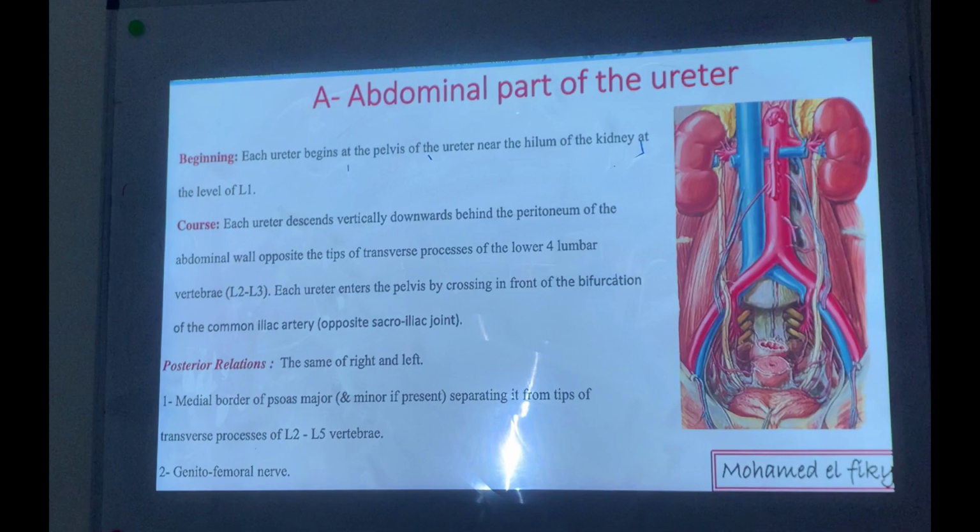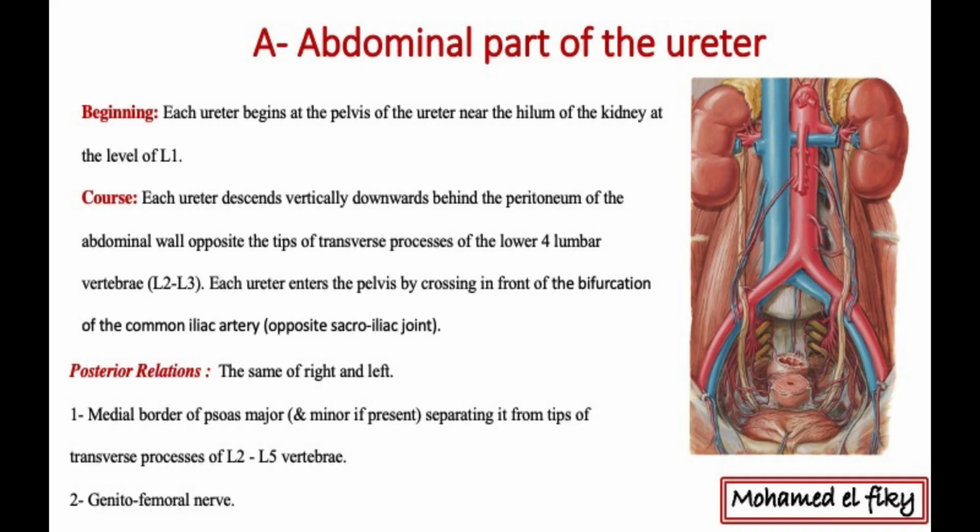Abdominal part of the ureter begins at the pelvis of the ureter, opposite the first lumbar vertebra, the transpyloric plane. The ureter descends vertically downward behind the peritoneum of the abdominal wall, opposite the tips of transverse processes of the lower 4 lumbar vertebrae, from L2 to L5.